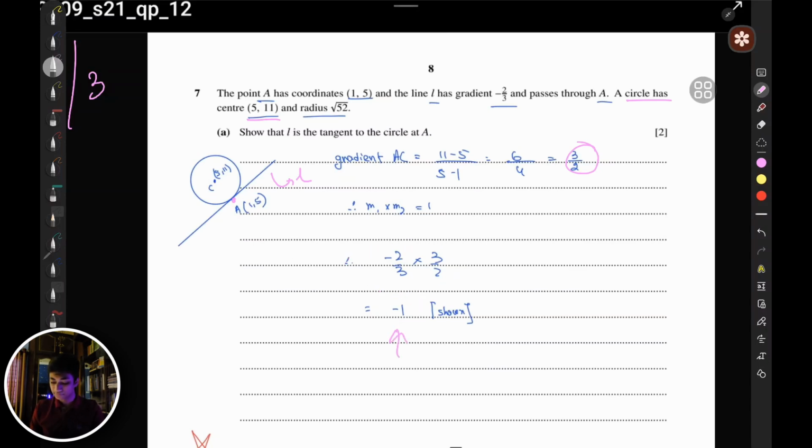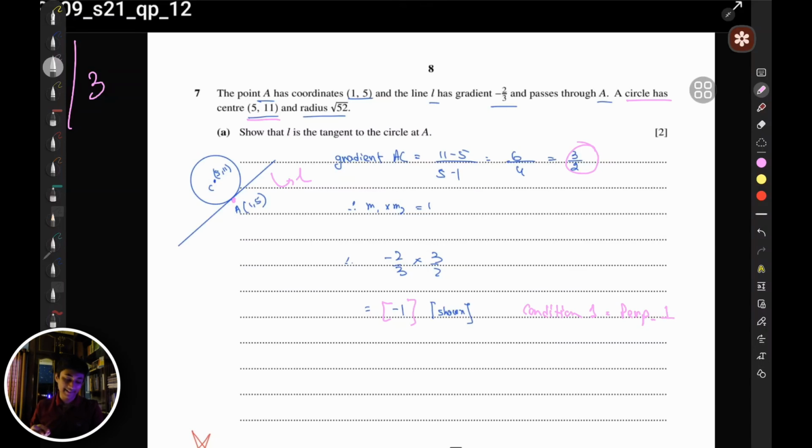So the product of both the gradients is -1. Hence, you have proven that both of them are perpendicular, which is one of the conditions.